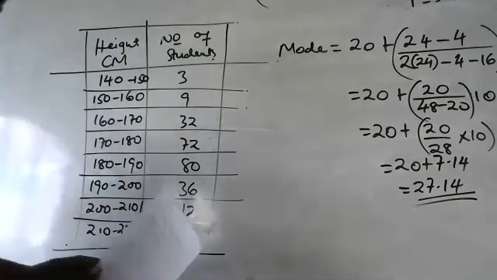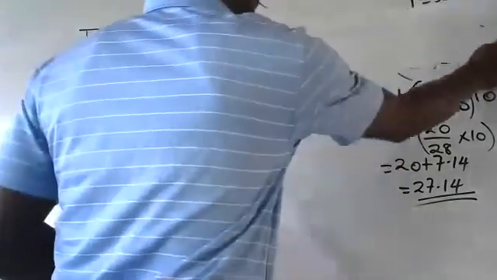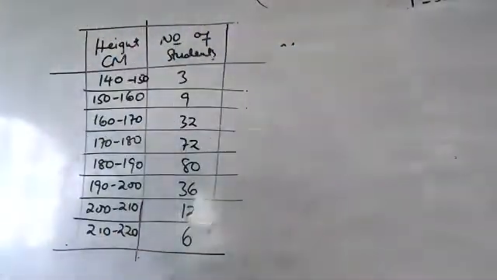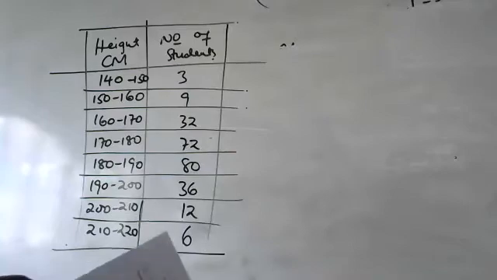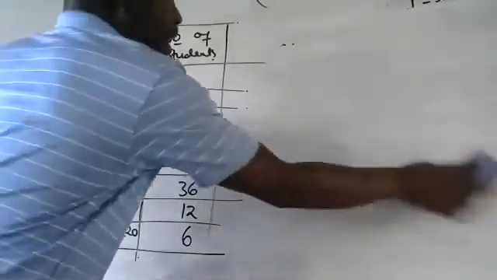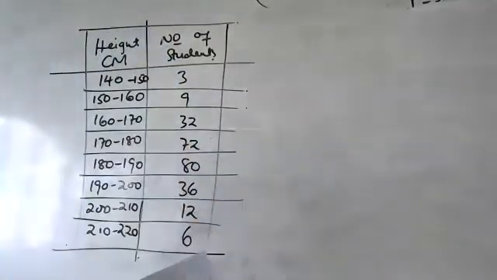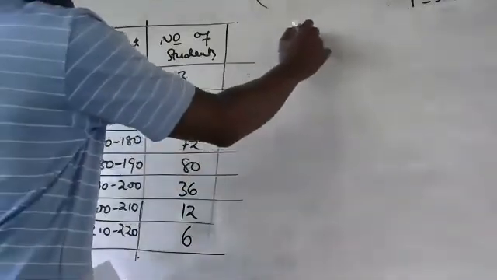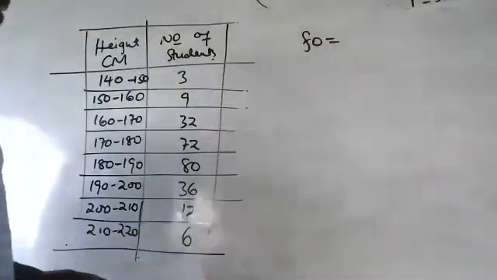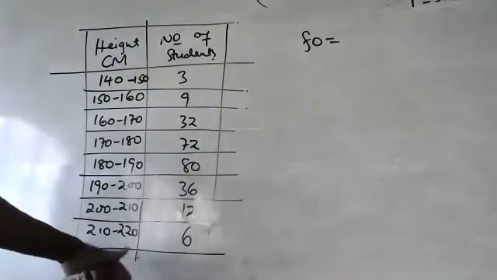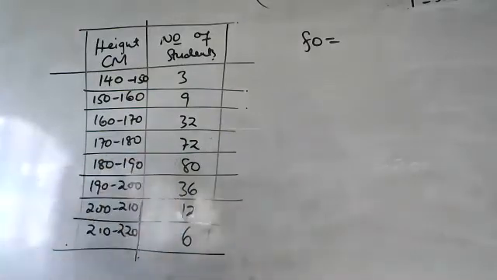Now the question is for us to calculate the mode. The mode is simply calculated by, first of all, identifying the highest frequency, which is our F0. Just go to the frequencies and identify the highest, which is 8.